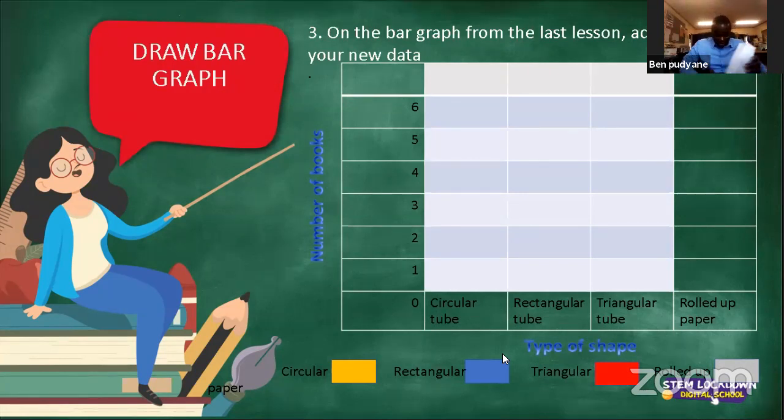Now you can see these 4 things, these 4 tubes. Let me put them according to their strength. This one made from the rolled paper is the strongest because it carried 10 books. Yes, I put 10 books on top. And then with the next one, I put around 7 books on the circular one.